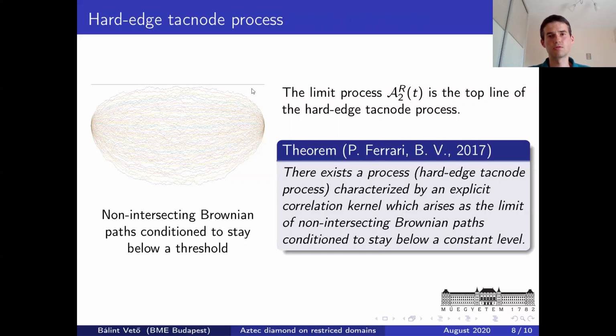And also the correlation kernel of this hard-edge tacnode process is given in this paper I'm now referring to. And in this case, when we talk about the Aztec diamond, this is the top line that we actually get.